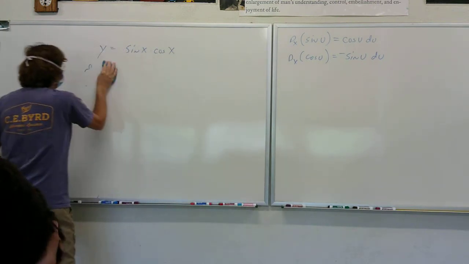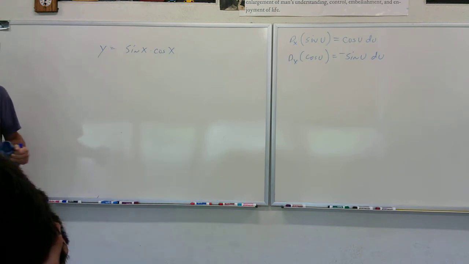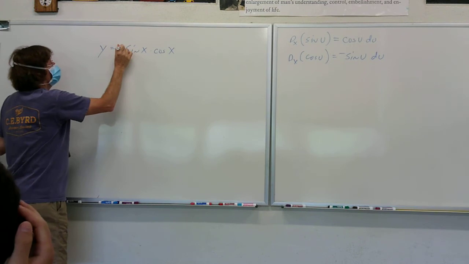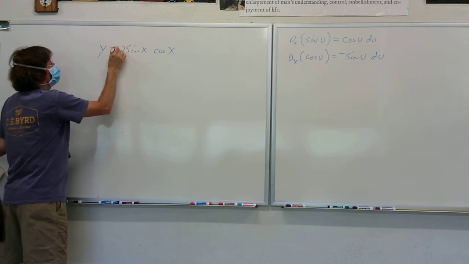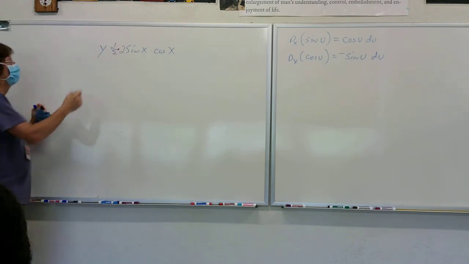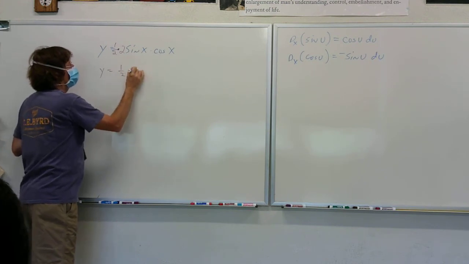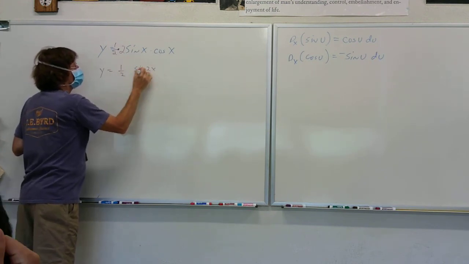Here's what you would see somebody that was really trying to make life easy. I'm going to put a 2 here times 1/2. Does that change the value of it? No. But then I can write y equals 1/2 sine 2x.